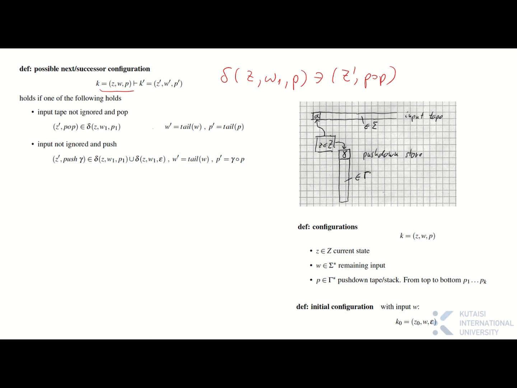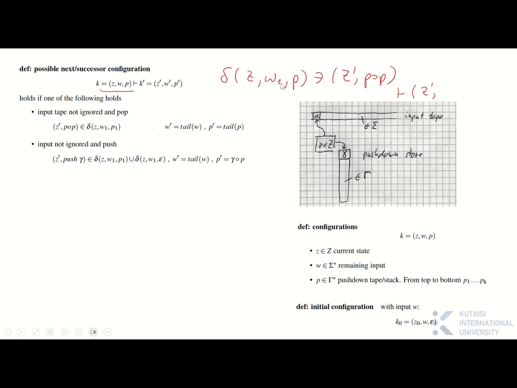So my configuration is ZWP. W1 is the first letter of W, right? And let's say this guy is inside here. Then the next configuration I will write for you. What the next configuration can be is I can go to state Z prime, right?